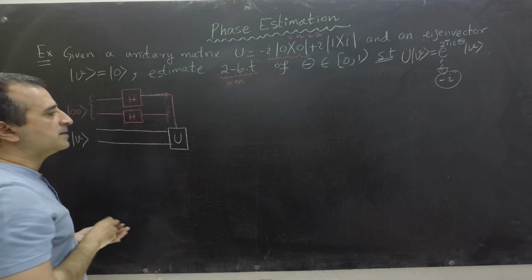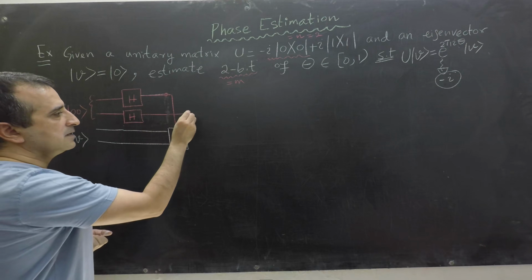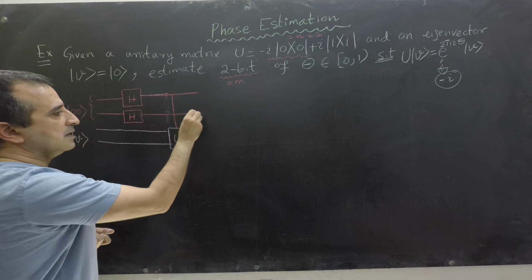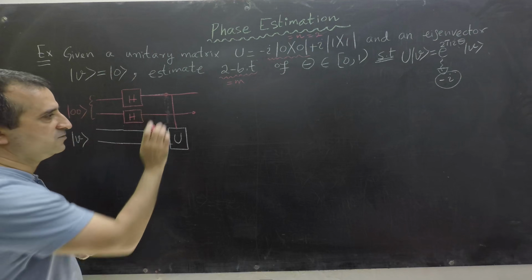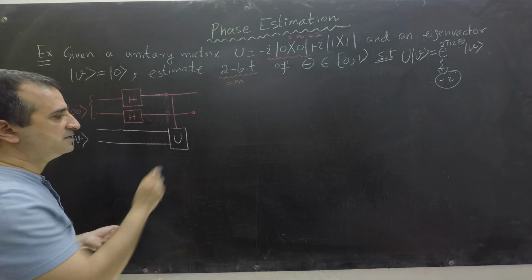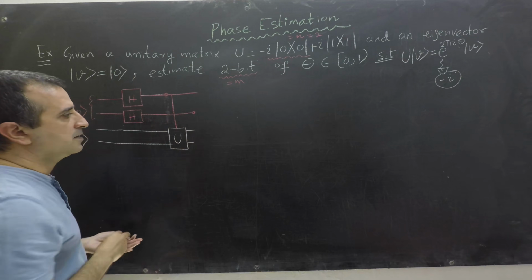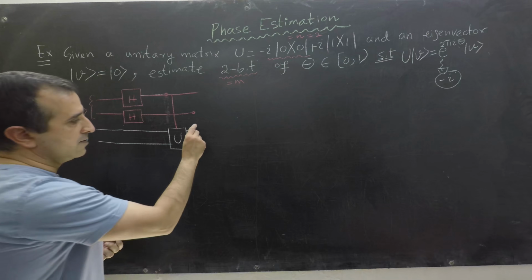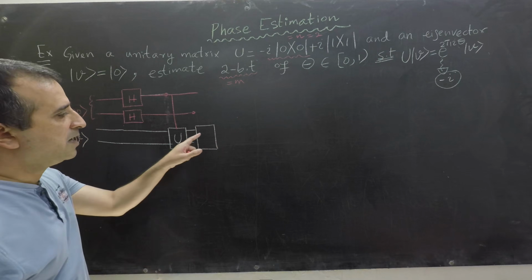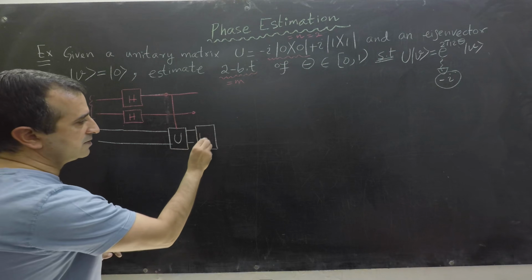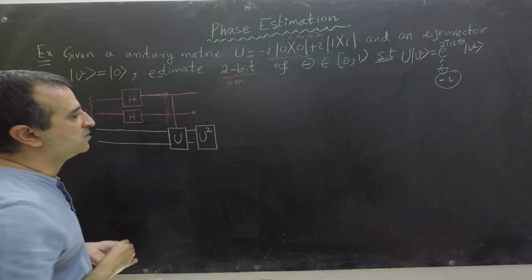Similarly, if my second line of the first register has 1 on it, then once again I apply the unitary matrix operation on the second register, but this time I'm squaring my unitary matrix. So the square of the unitary matrix on the second register.